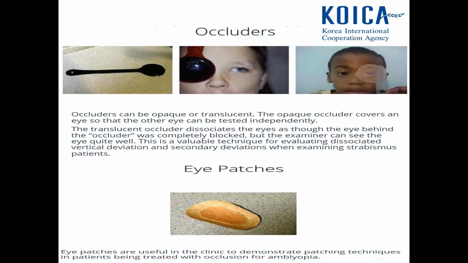If a child has low vision due to amblyopia, which is caused by strabismus, we can patch the normal function eye. In this case, the child will try to use the deviated eye to see the world because he or she can't see through the patched eye.